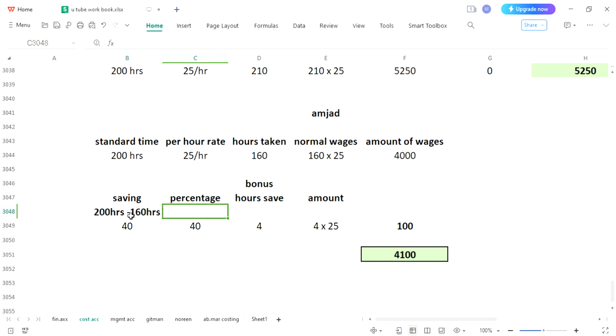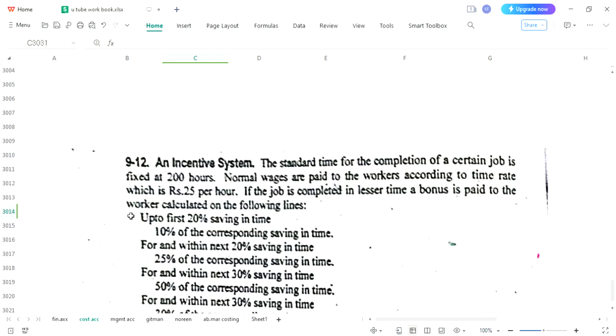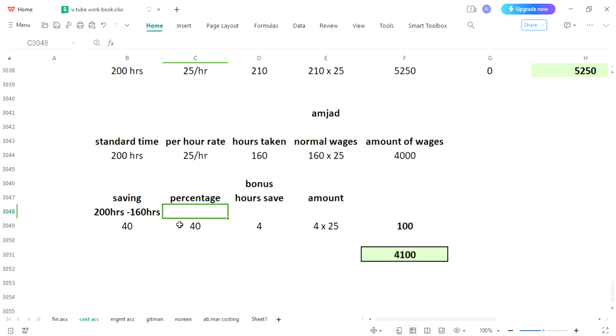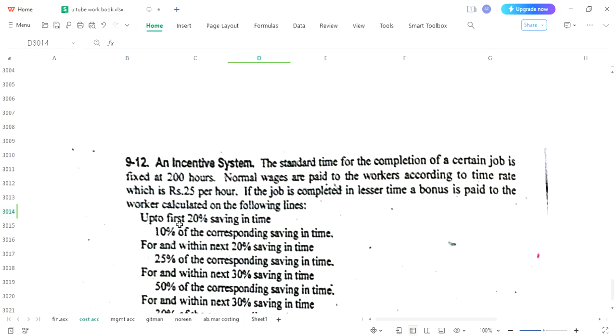Percentage is calculated from the question, up to first 20% saving. So 200 hours were standard time and you had calculated first 20%, that is 40 hours save, that was given in the question, 10% of corresponding saving in time.